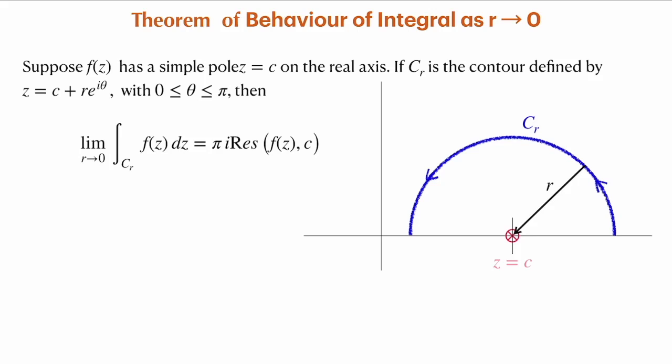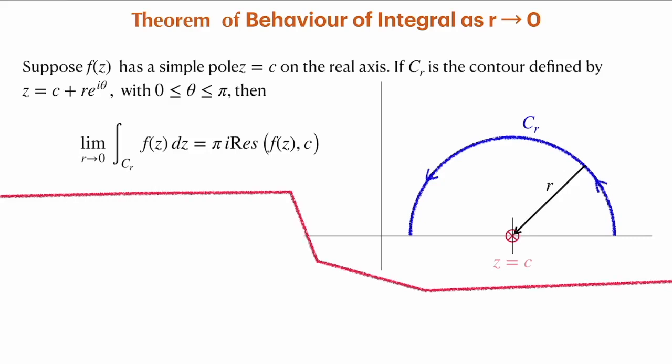In the residue theorem, we have a closed contour. In this case, we are using only a half circular contour and then taking the limit r going to 0. That is why we have π times i times the residue of f(z) at z = c.